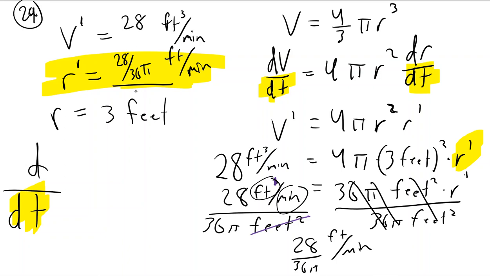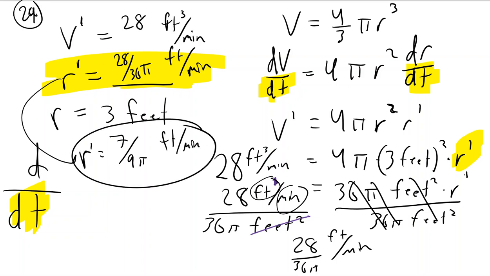So we could divide both of these by 4. This would be 14, 7. And that matches up with the answer, so of course that would need to be there as a multiple choice.